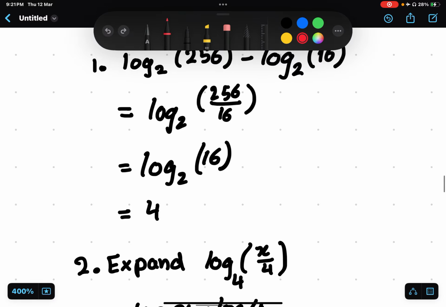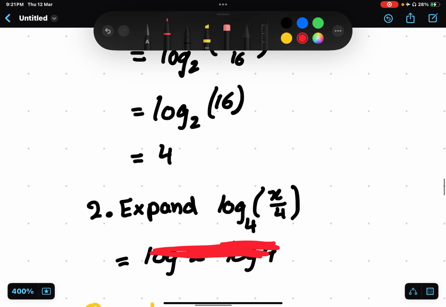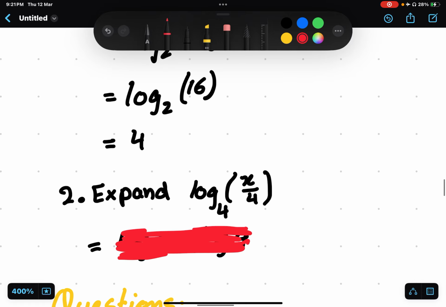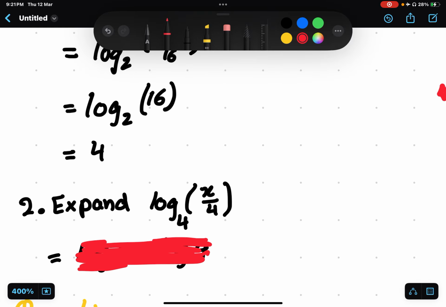So now, if we look at the next question, we have to expand log base 4 of x over 4. This is, again, very easy. We know the quotient rule. Let's get straight into it. We know that this is our a, this is our b, and we just go from there. Yeah? So now this becomes log a minus log b.